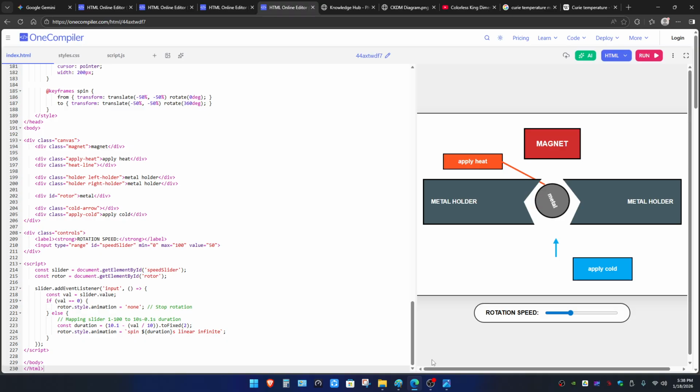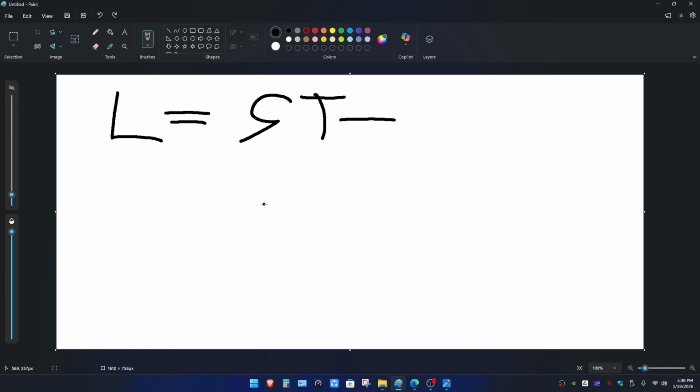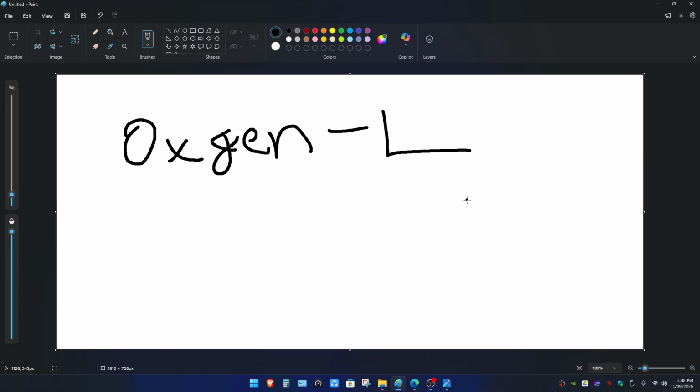Sorry, the magnetic characteristics of oxygen. Oxygen, especially in liquid form, which is extremely cold, liquid oxygen is magnetic.